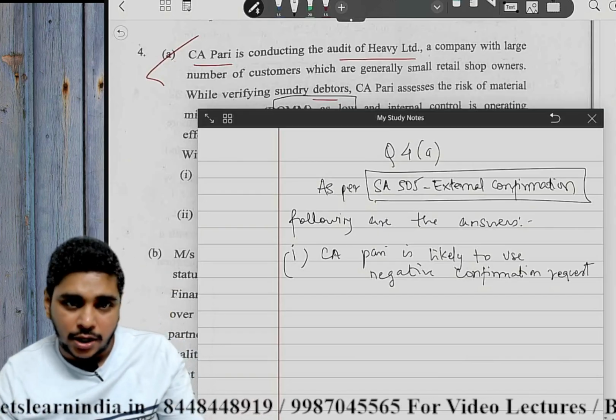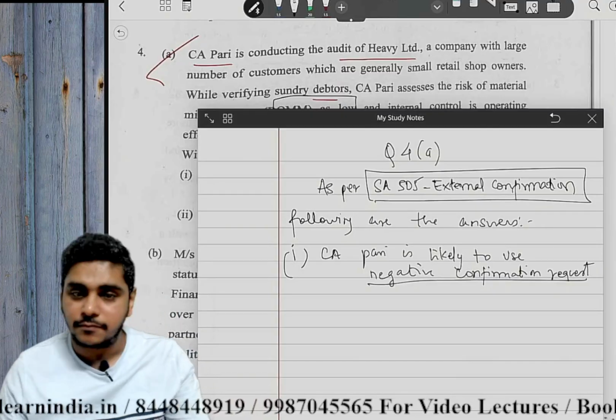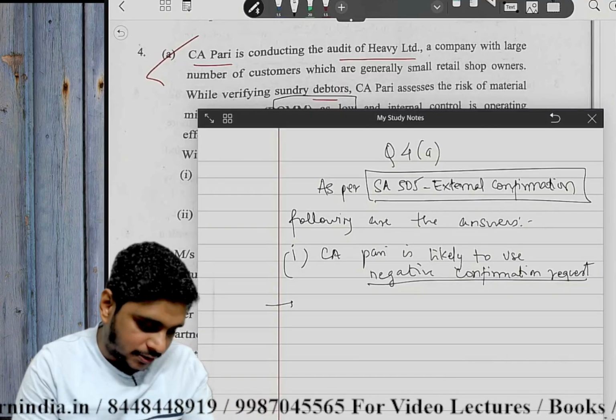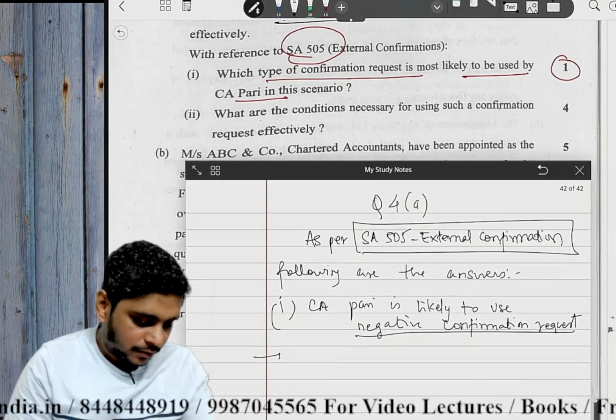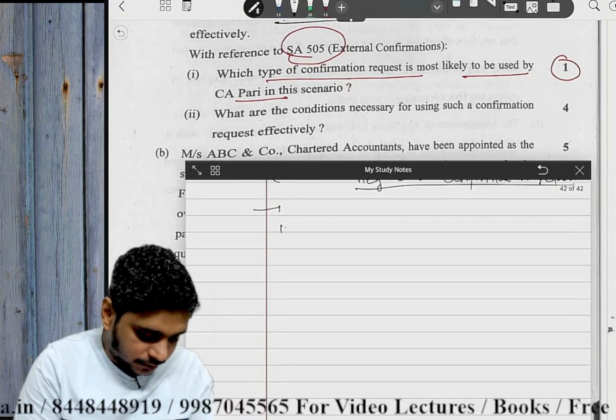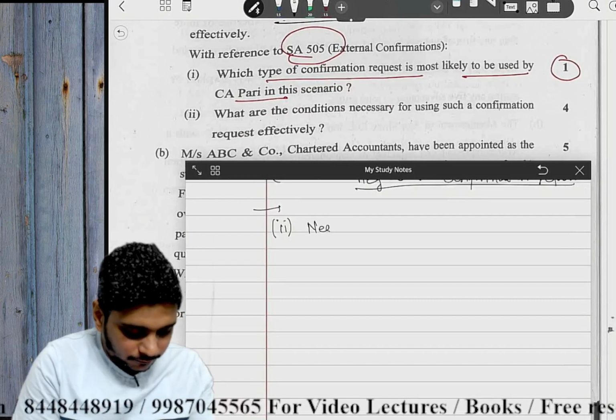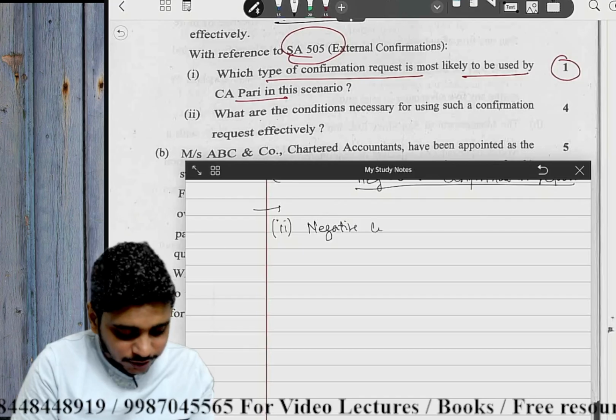Now whatever is your answer, you will underline this. Leave one line because there's another question. What are the conditions?